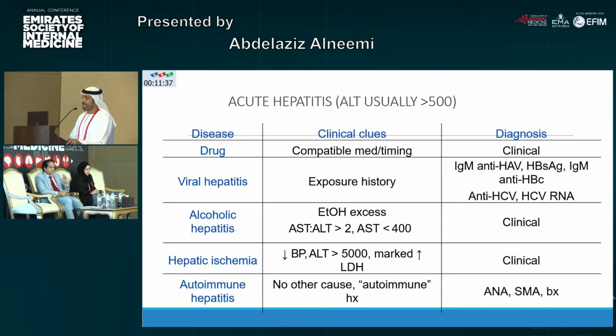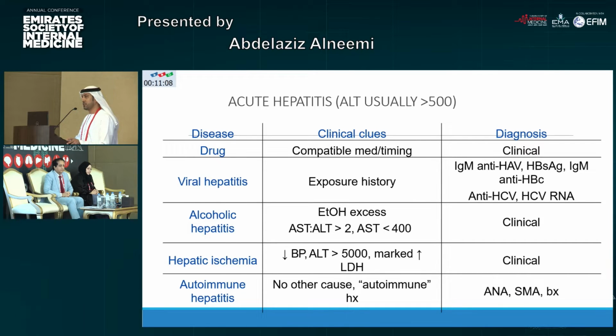In acute hepatitis, when ALT is usually more than 500, you can see the different diagnoses, the clinical clues, and how you diagnose these patients. For drug, it's compatible with the medication and timing, and usually the diagnosis is clinical. Viral hepatitis: exposure history and a positive serology.